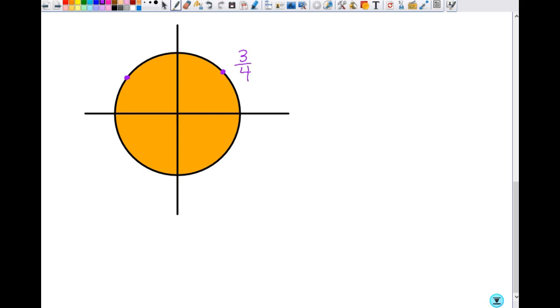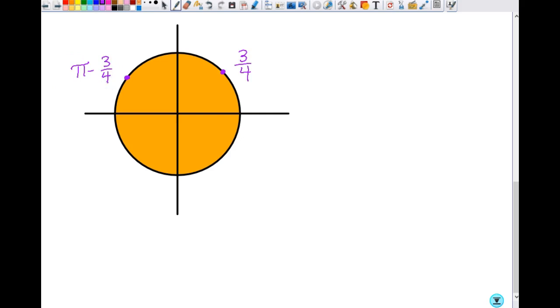Yes, and so my reference angle is 3/4, right? So I need this, but I need to back up, which means what operation am I doing? Subtraction. So I get here and I subtract the 3/4, right? So what is here? This is pi, right? So wouldn't this right here be pi minus 3/4? Right?